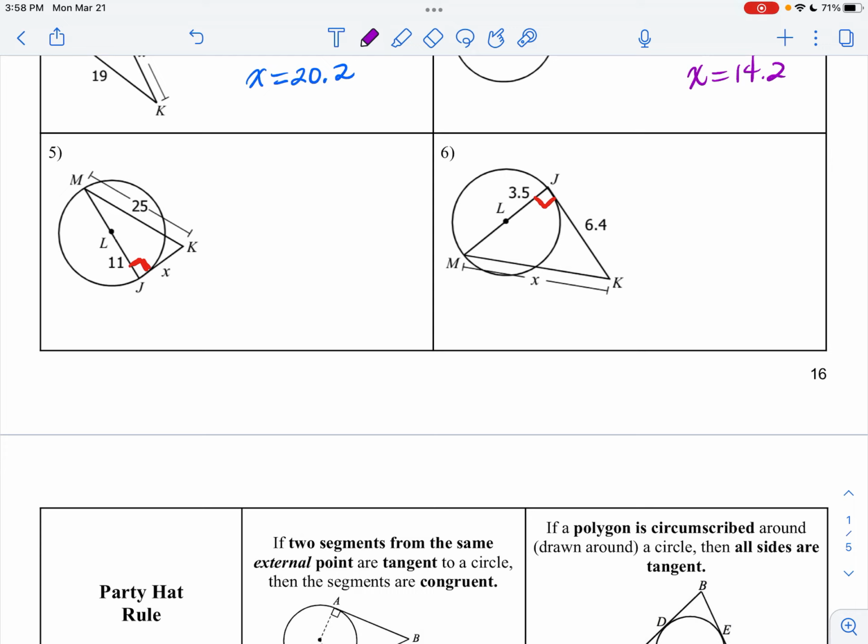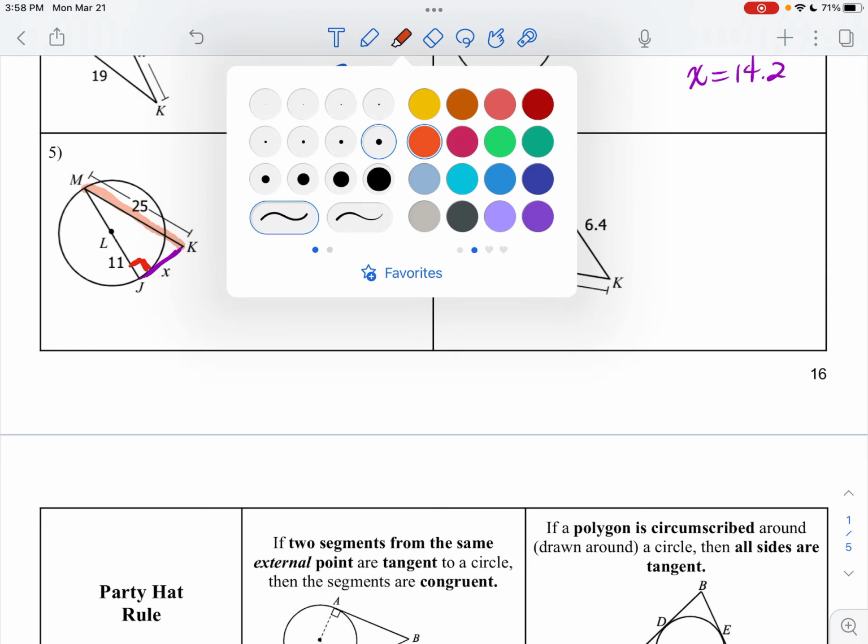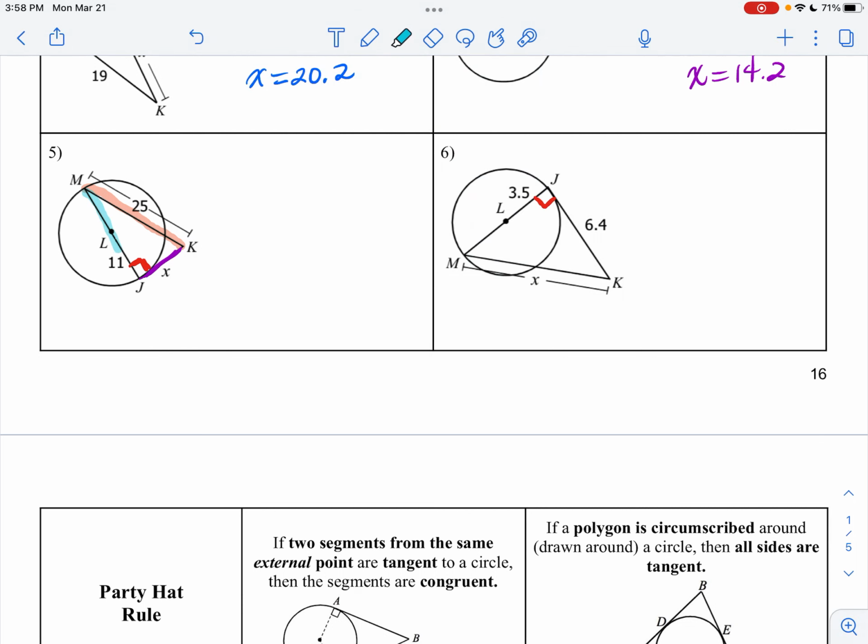All right, so what do we have here? We know that this tangent segment here is x. The hypotenuse is 25. However, this leg here is what? Yeah, that's a diameter, which means if the radius is 11, this is 22.